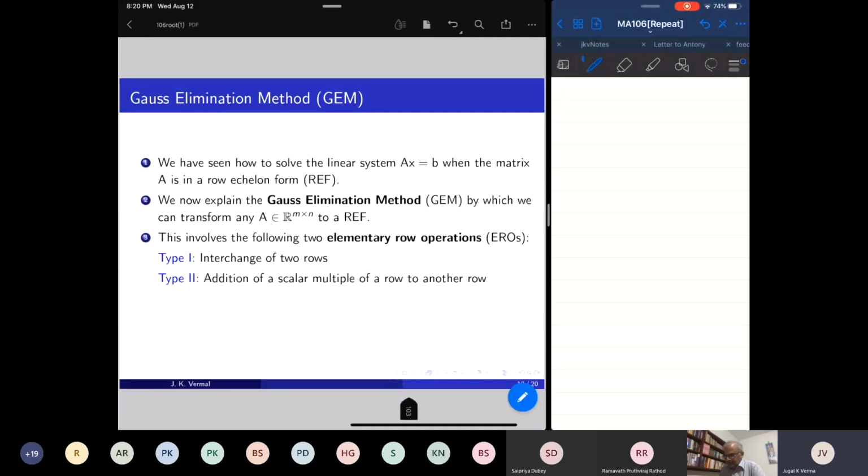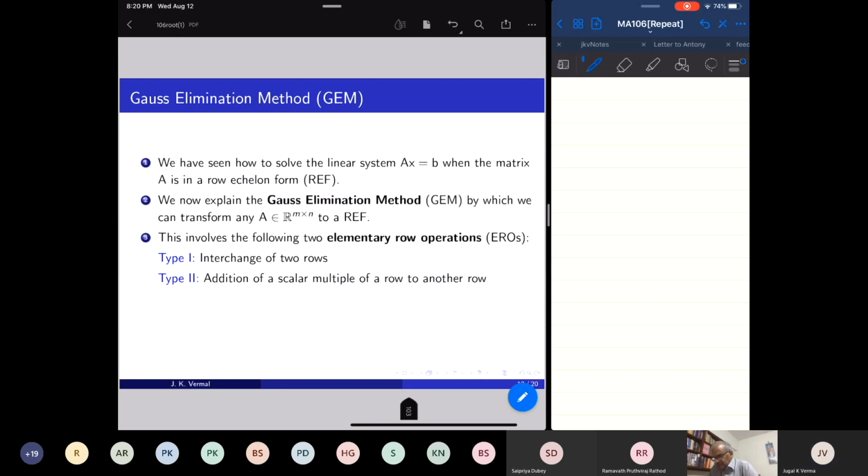Okay. And exchanging one equation with another really doesn't change the solution. Okay. If you exchange two equations in a system of linear equations, we don't change the solutions at all. Yeah. So interchange of two rows correspond to interchanging two linear equations. The other elementary row operation is addition of a scalar multiple of a row to another row.